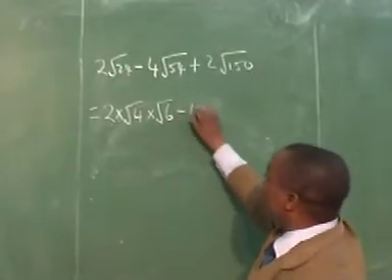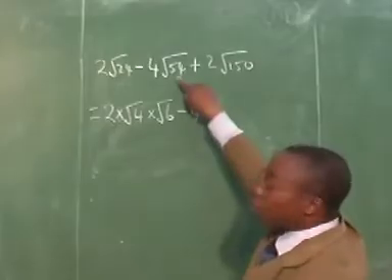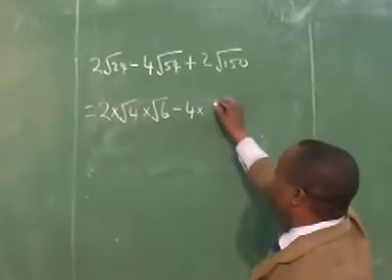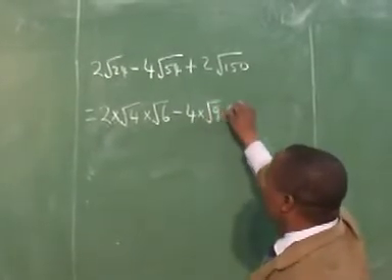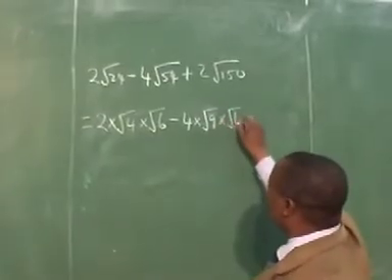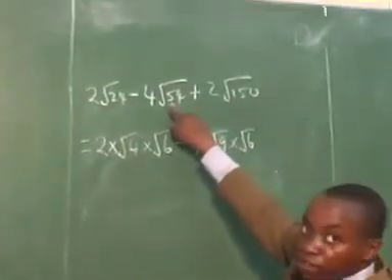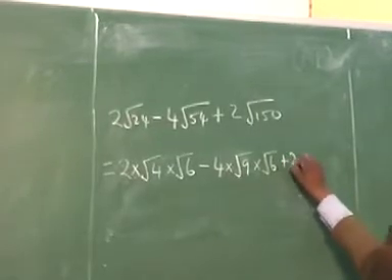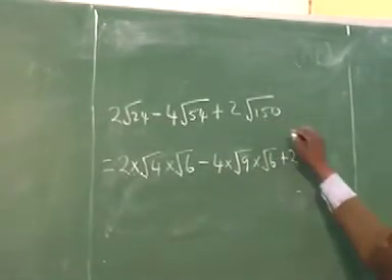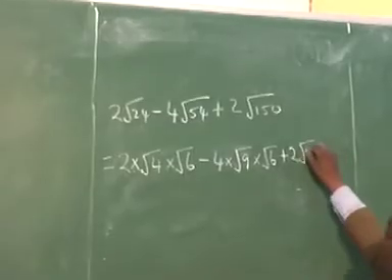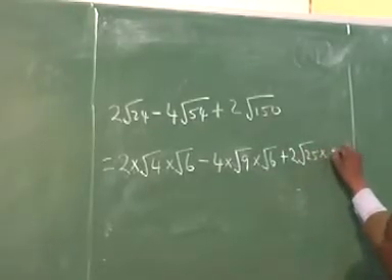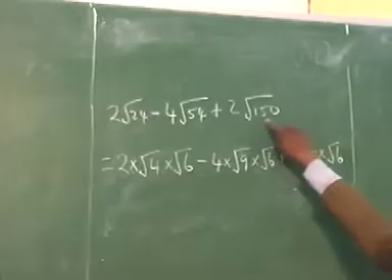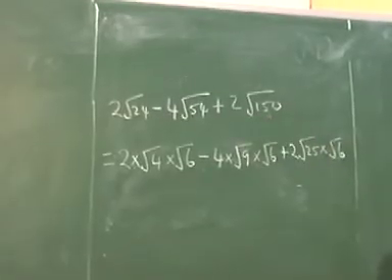Minus 4 times, I will also break this one, and I know that root 9 times root 6 will give me root 54, plus 2. Then I want to break this one. I know that root 25 times root 6 will give me root 150.